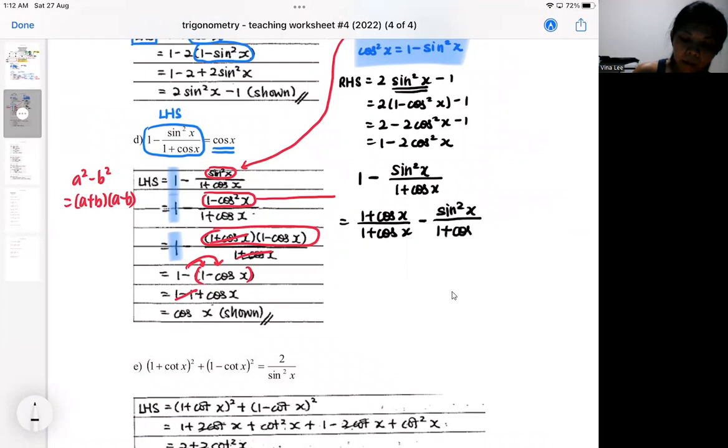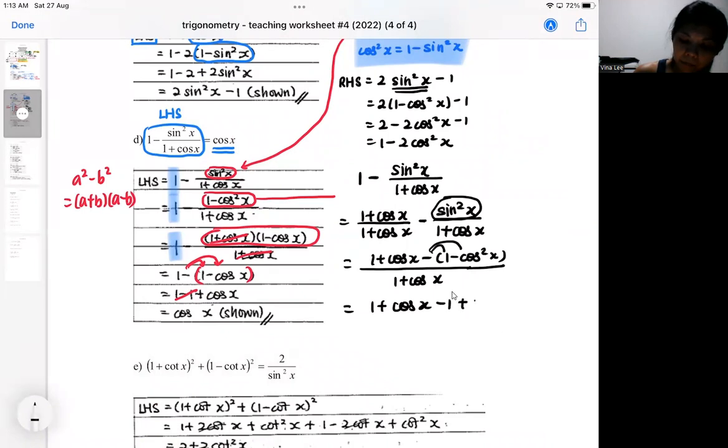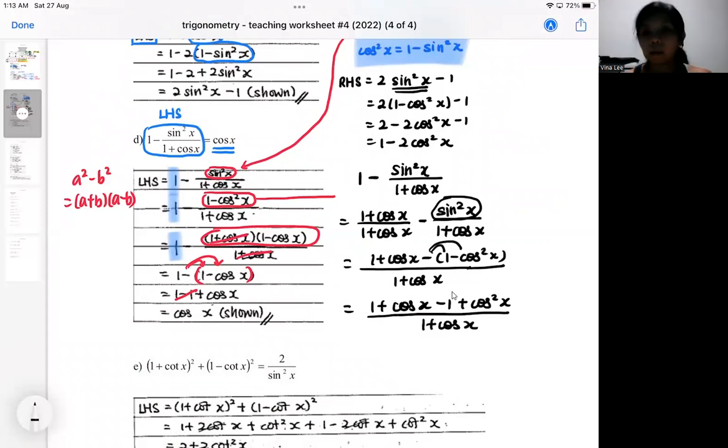And because the denominators are the same, you got a huge fraction. And in the huge fraction, you also see this formula. So you get rid of that formula. So I replace the formula, I expand. And at this stage, my 1 can cancel.